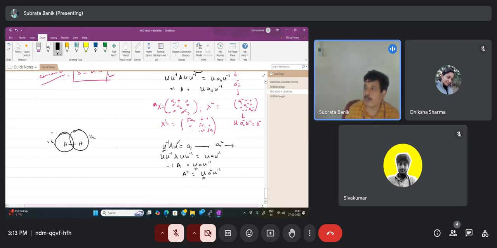So if you want to calculate electron density here for that particular orbital, what will we do? The electron density rho will be psi a star psi a, which is equal to modulus of psi a squared. If I want a density function, then rho of r dr equals psi squared dr. What is this?